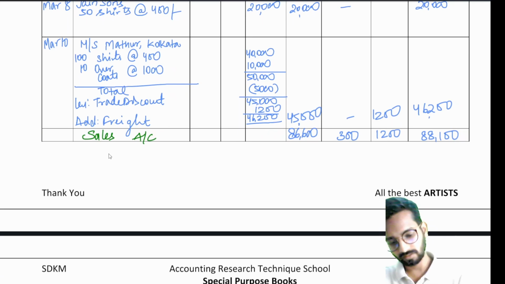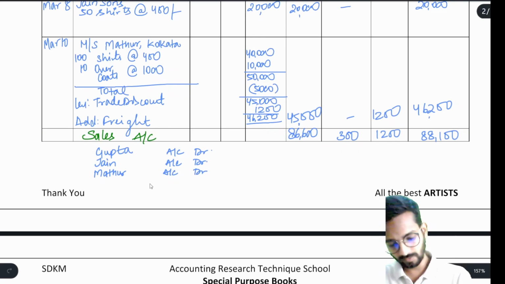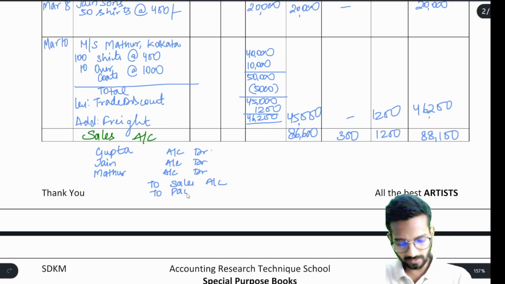So we will write here Gupta, Jain and Mathur account debit to sales account, to packing charges, to freight.